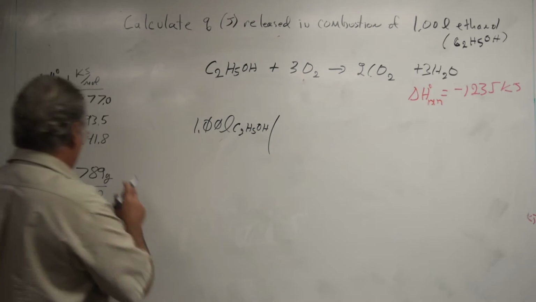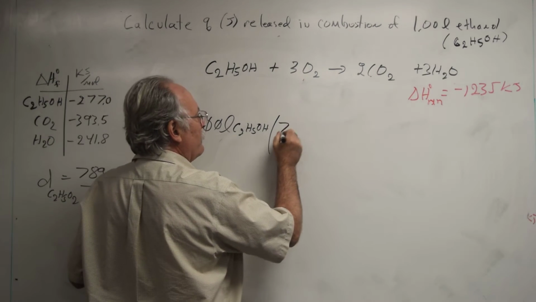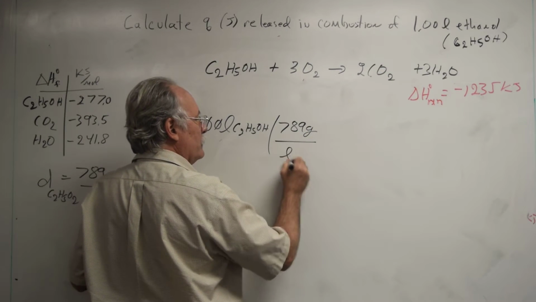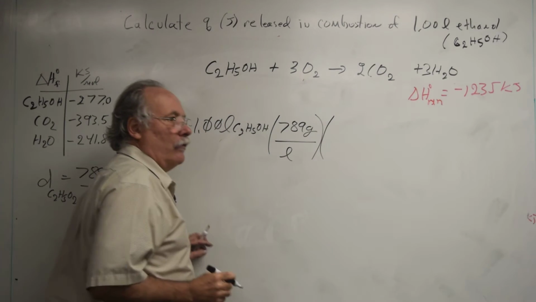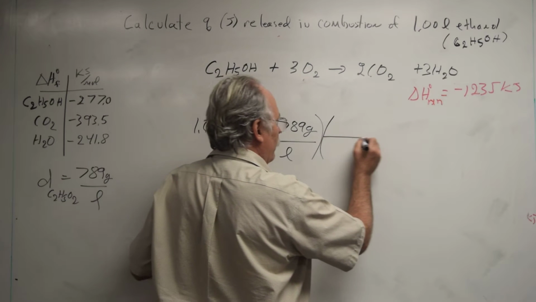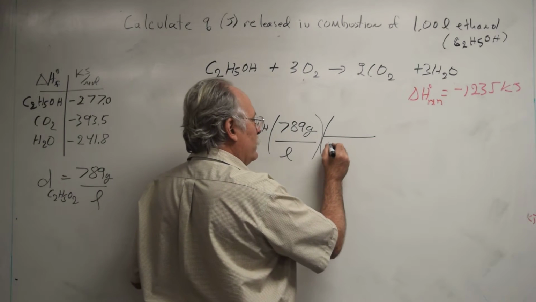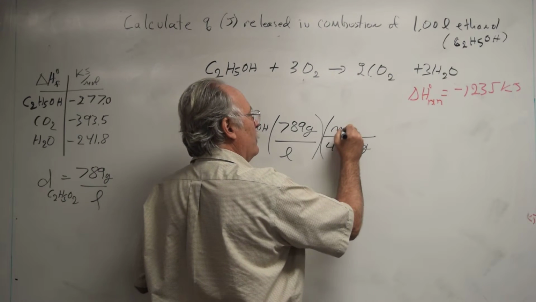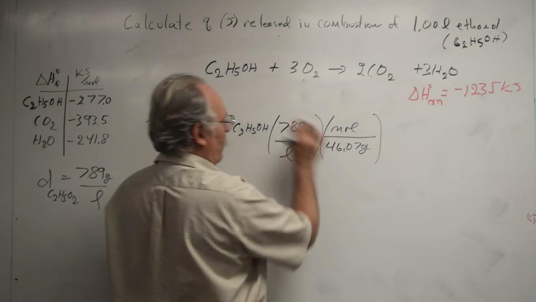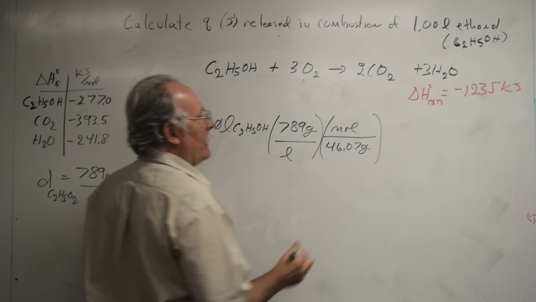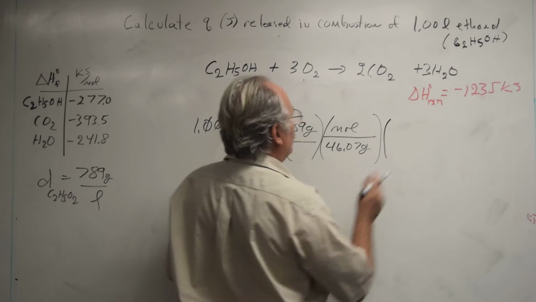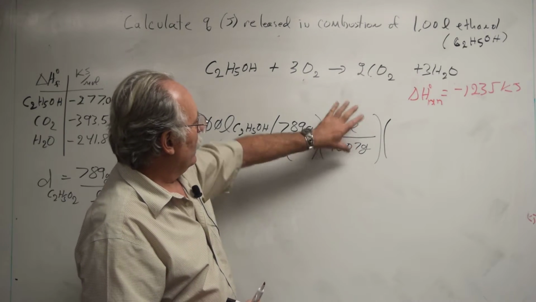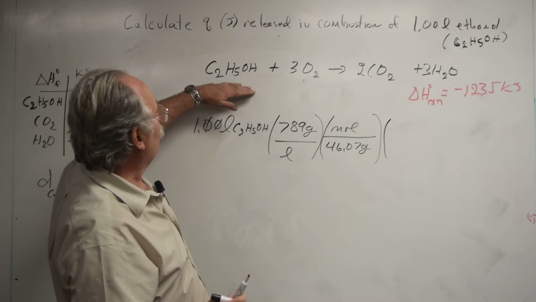And I know the density of ethanol is 789 grams of ethanol per liter. And I know that the molar mass of ethanol, I can look this up on the periodic table, is 46.07 grams per mole. And now I go over to the equation, and my liters of ethanol cancel, my grams of ethanol cancel, and I know how many moles of ethanol are in 1 liter.